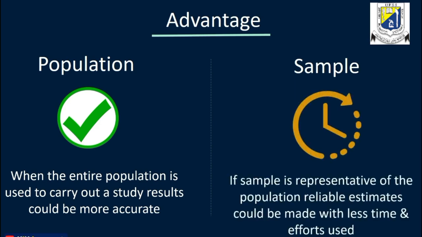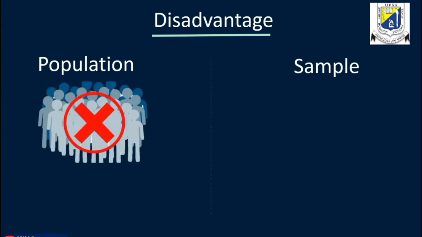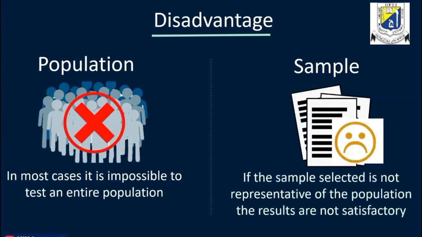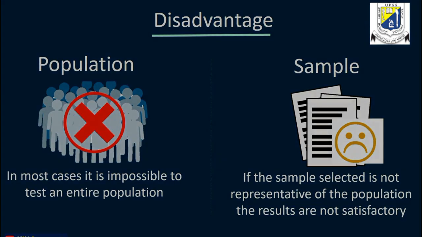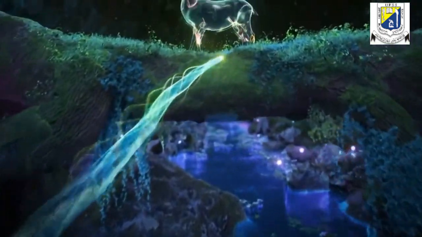If sample is representative of the population, reliable estimates could be made with less time and effort used. Population. In most cases, it is impossible to test an entire population, which is a disadvantage. While for sample, if the sample selected is not representative of the entire population, results are not always satisfactory.